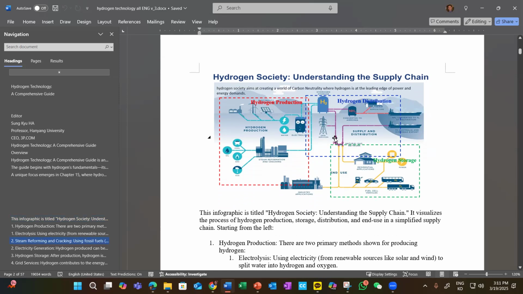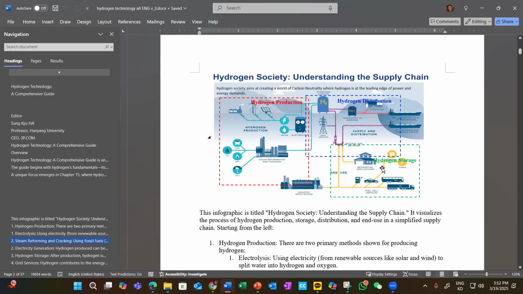The very conventional, very popular way of distribution is through a pipeline. We call it a hydrogen pipeline, and this is for short or mid-range distance. And then at the end, we as users receive this hydrogen gas in residential applications and also in fuel cell vehicles for mobility: buses, trucks, trains, and so on.